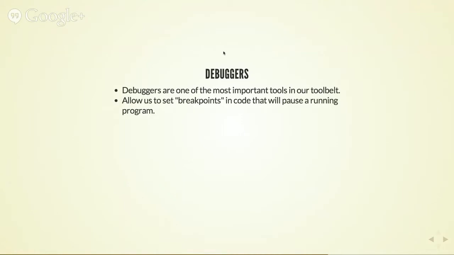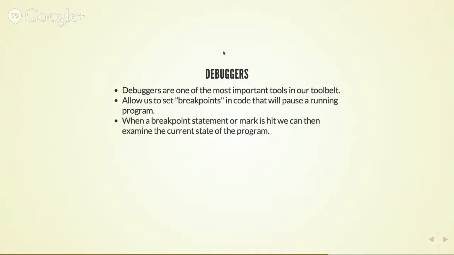This can either be a statement, or if you're using an IDE like Visual Studio for .NET, it can be actually physically marking a line, as that's where you want the code to break. So as the computer is running the code, when it hits that, it will pause the program and drop you into an interactive console, as we saw earlier.